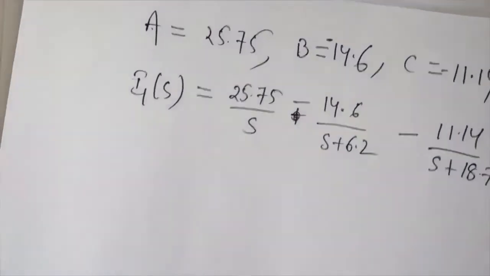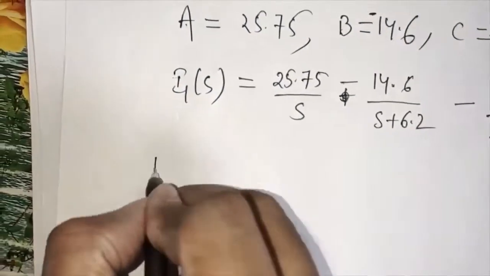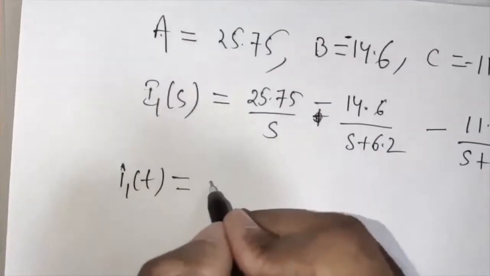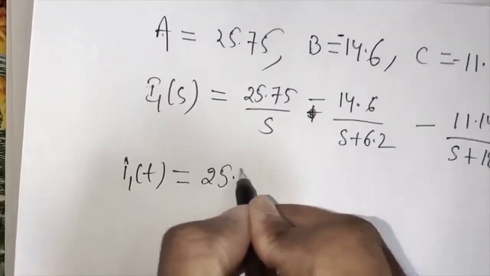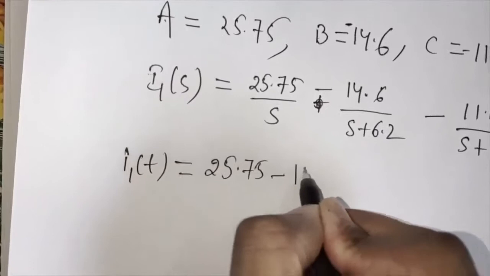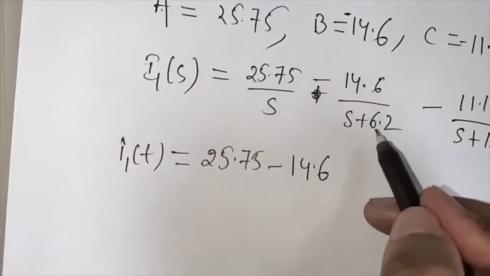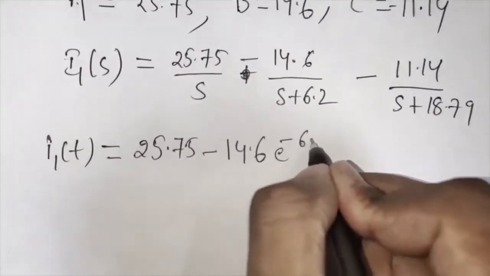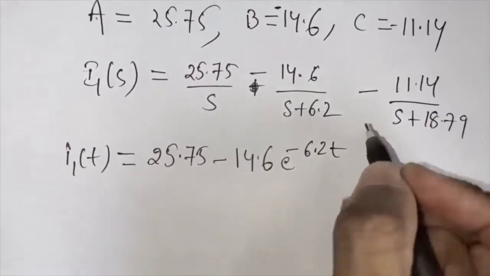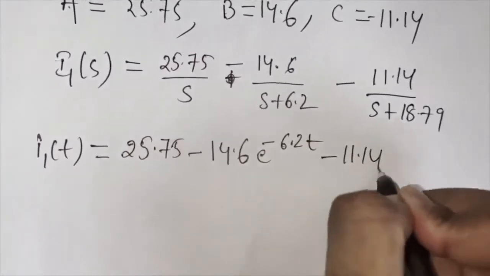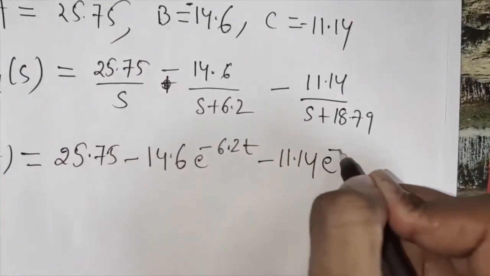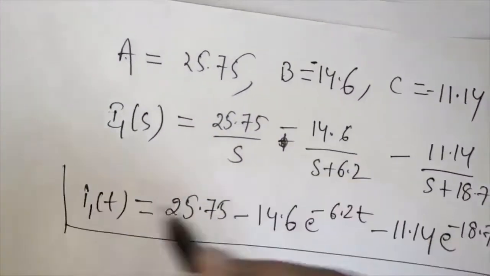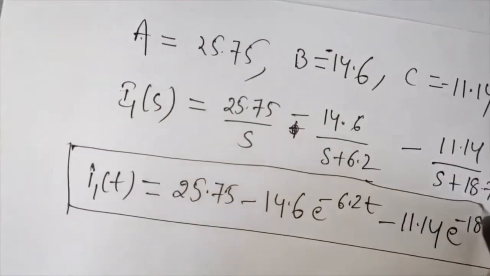On applying inverse Laplace transform, I1 of t is equal to 25.75 minus 14.6 into e power minus 6.2t minus 11.14 into e power minus 18.79t. So this is the expression for the current flowing in the first mesh.